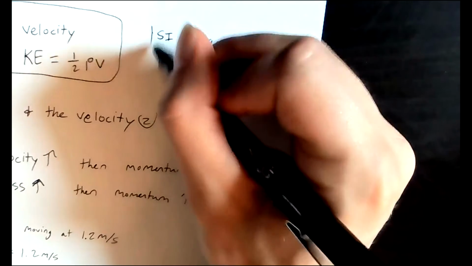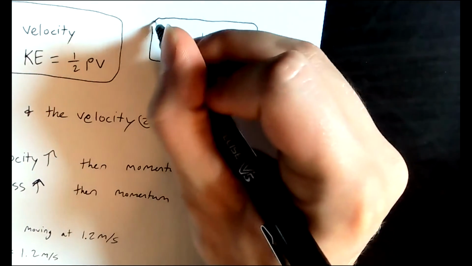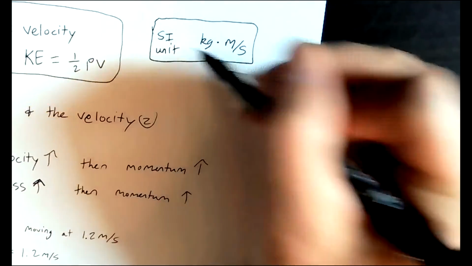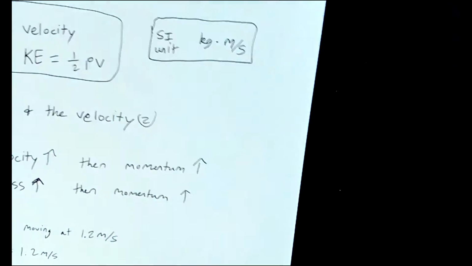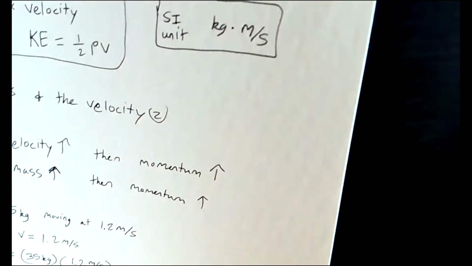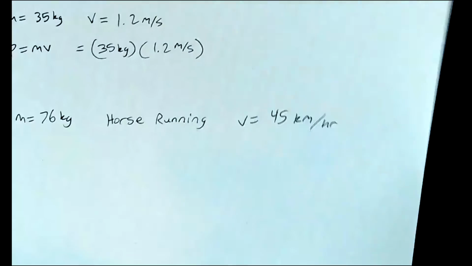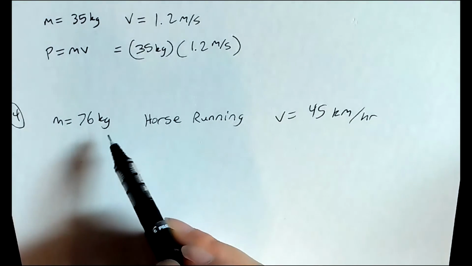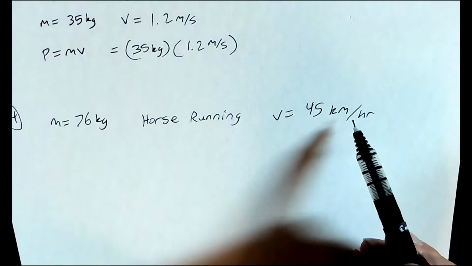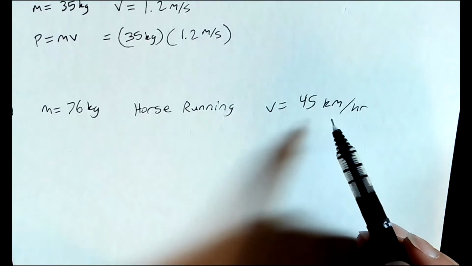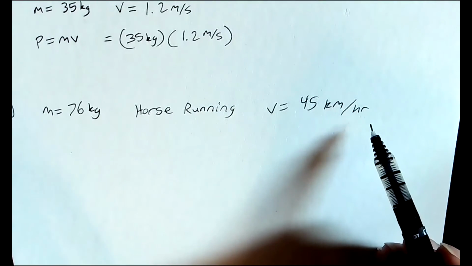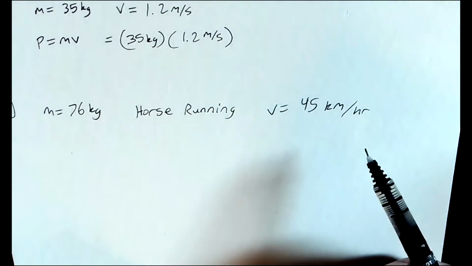So that's the SI unit. And if it's not in that, we have to convert, okay? We're looking for kilograms times meters per second. We have kilograms here, but we have kilometers over hour. So we have to convert kilometers to meters and hours to seconds.